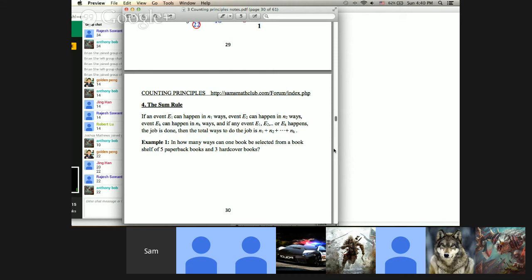How many ways can one book be selected from a bookshelf of 5 paperback books and 3 hardcover books? So I think the example helps explain it a little bit.